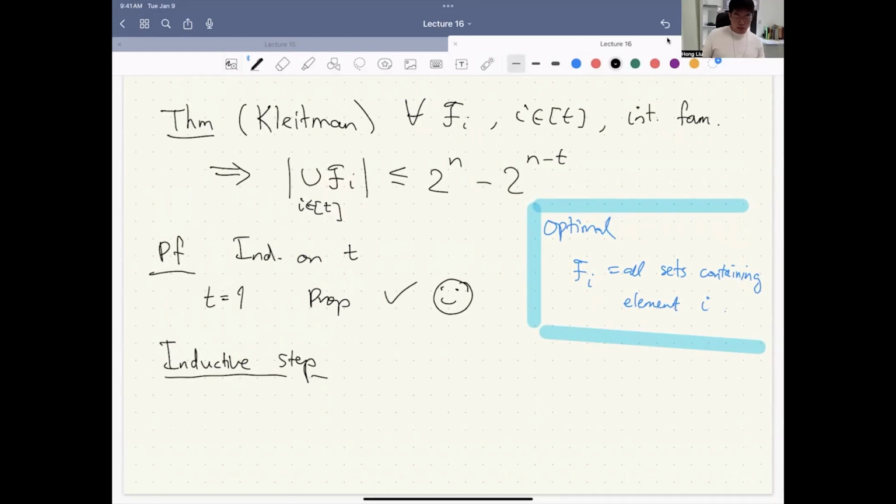The trick is to look at the complements of this union of Fi. So the trick is we may assume each Fi is an upset, first of all.